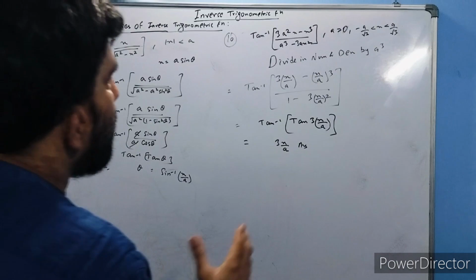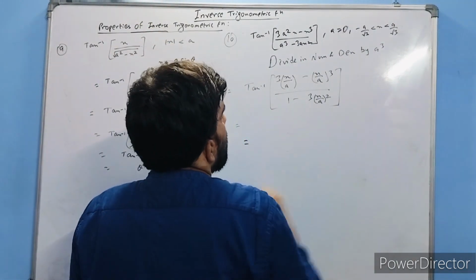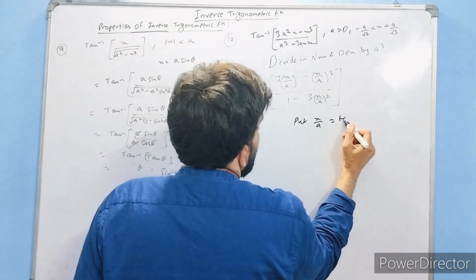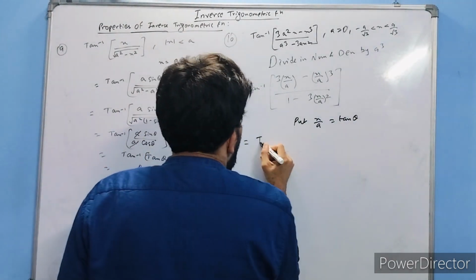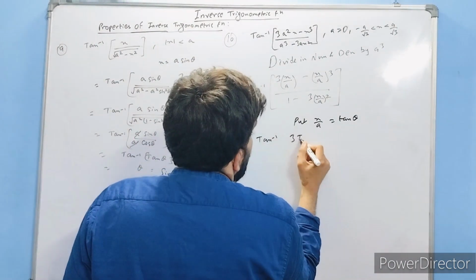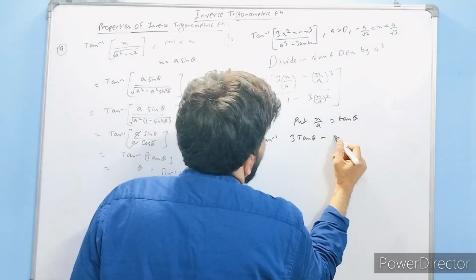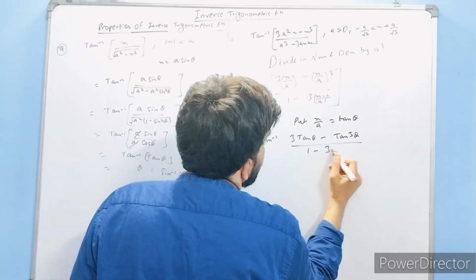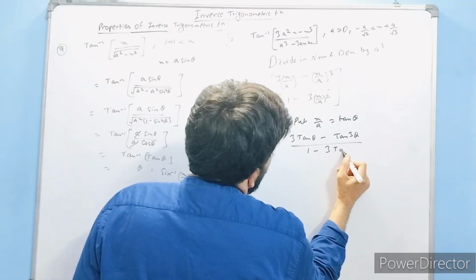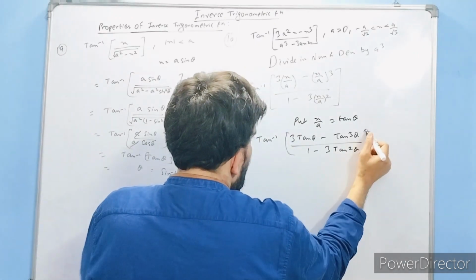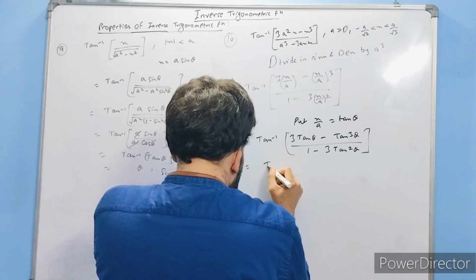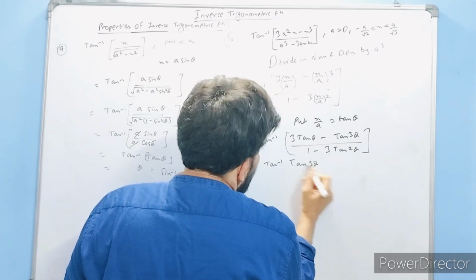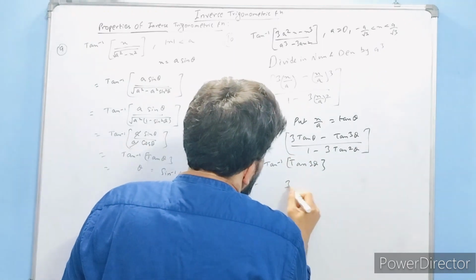So if we see, we can put x upon a is equal to tan theta. So we'll have tan inverse of 3 tan theta minus tan cube theta upon 1 minus 3 tan square theta. So we have tan inverse tan 3 theta, so we have 3 theta here.